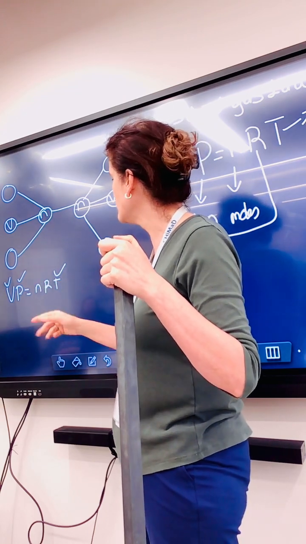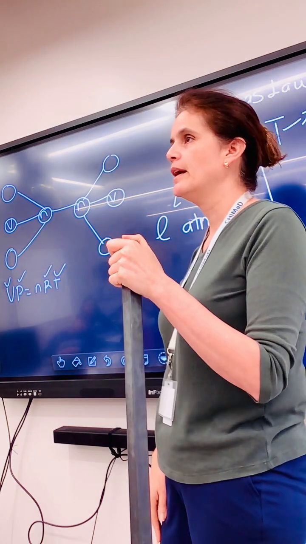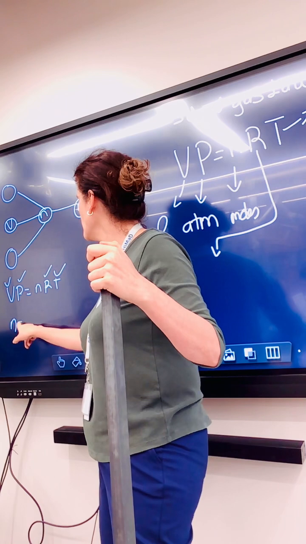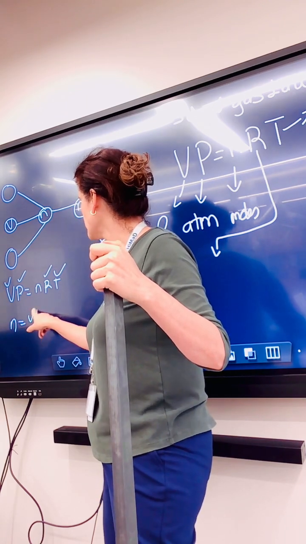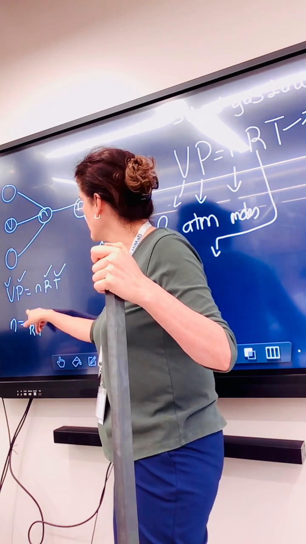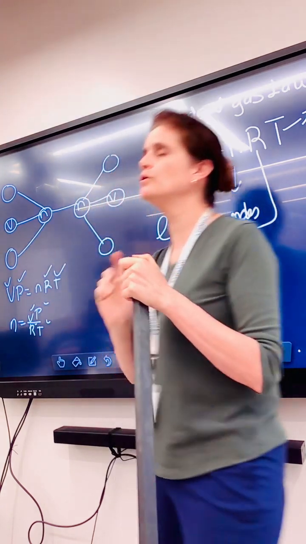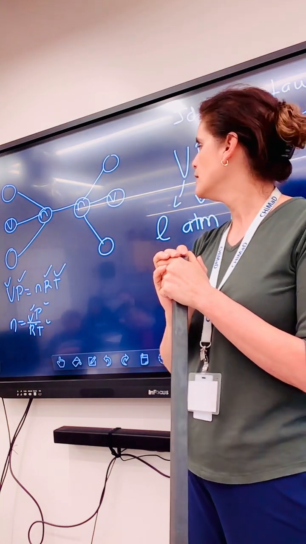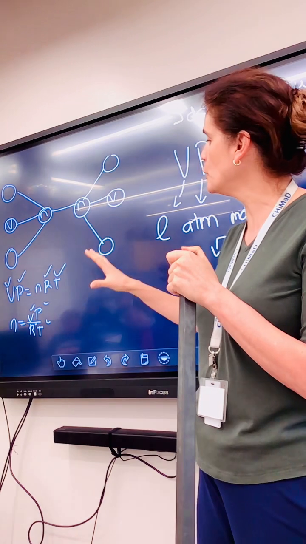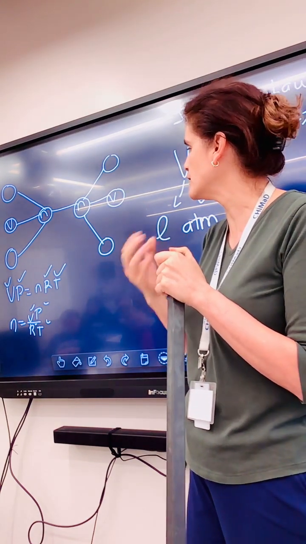You won't have that. R you know, right? How do I solve for the number of moles? Number of moles is equal to PV over RT. You plug in everything you know, and you're able to go from volume to number of moles. You just rearrange the equation so that volume is given, and the only thing that you don't know is the number of moles.